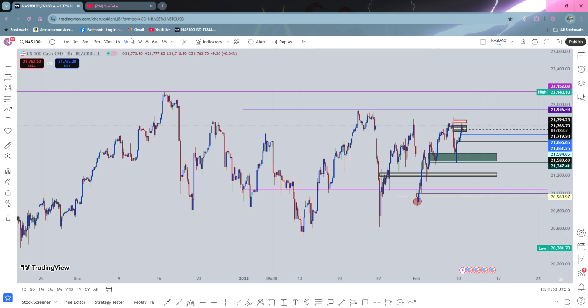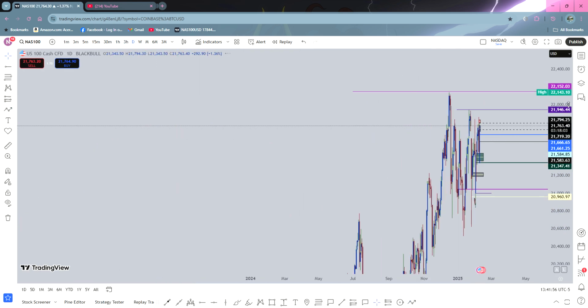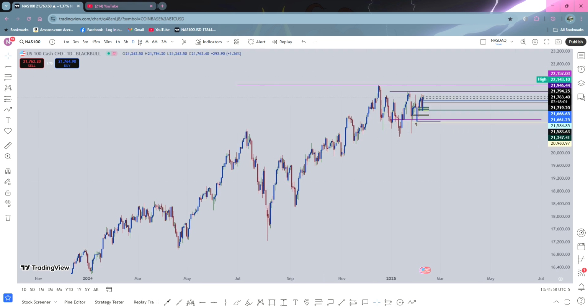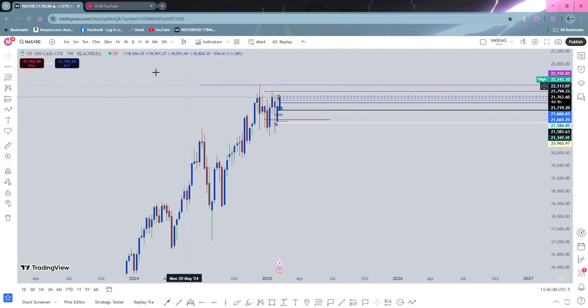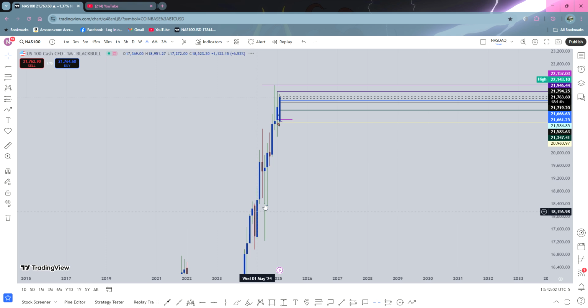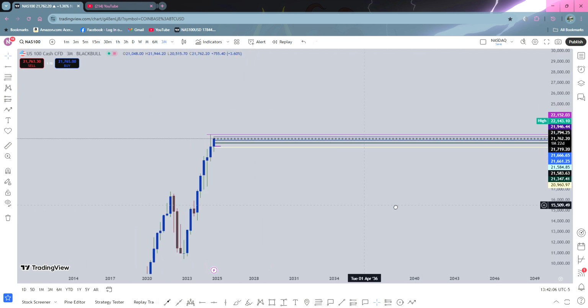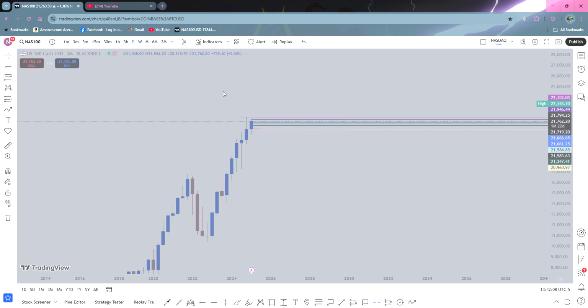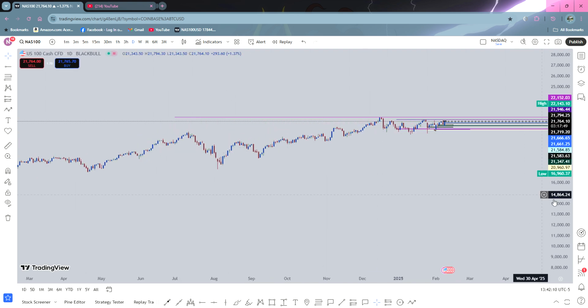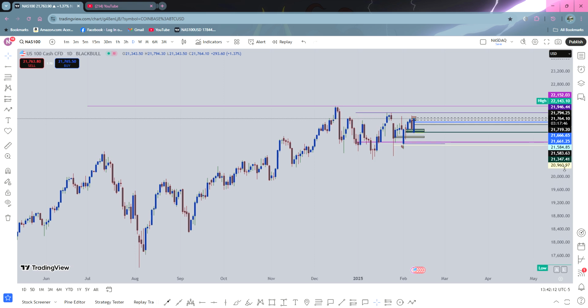But overall, when we go to our daily time frame, we are bullish. Weekly bullish, monthly bullish, 3 month bullish. Just stick to the bias, guys.